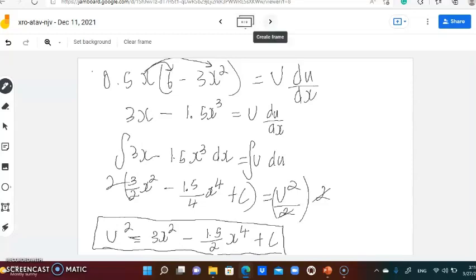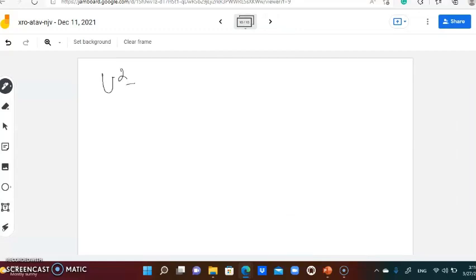So let's do that. So u squared is equal to, and I'm just going to simplify the fraction that I have a little. 1.5 divided by 2 is going to give me a quarter x to the fourth.